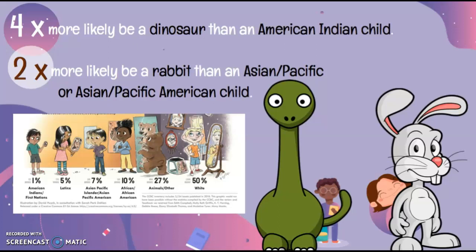Even more troubling, the representation of non-white children is often problematic and features hurtful racial stereotypes. Notice the cracks and broken pieces in the mirrors that the children are using to look at themselves.